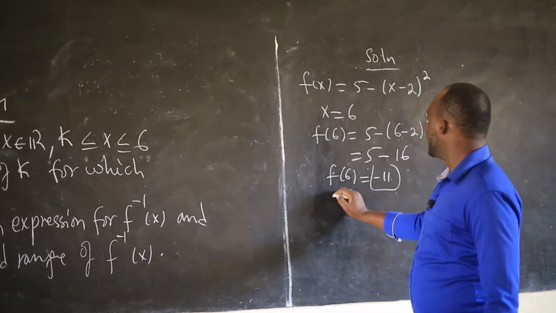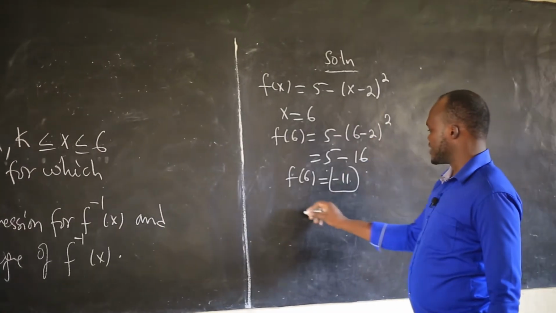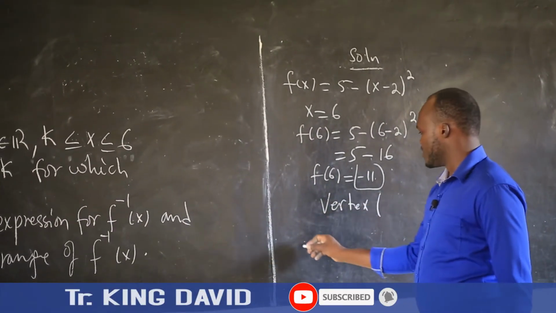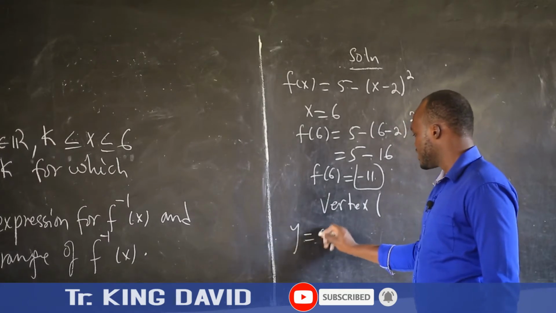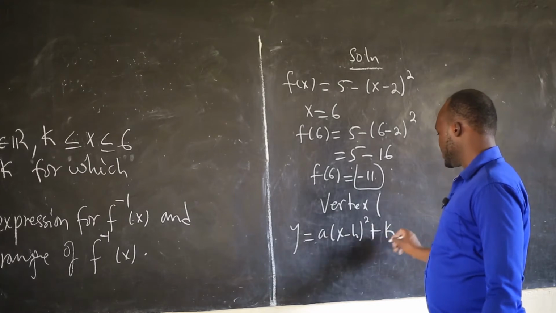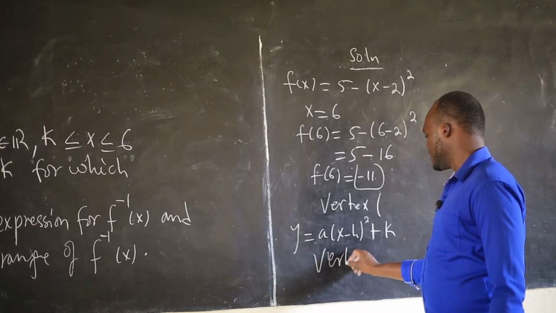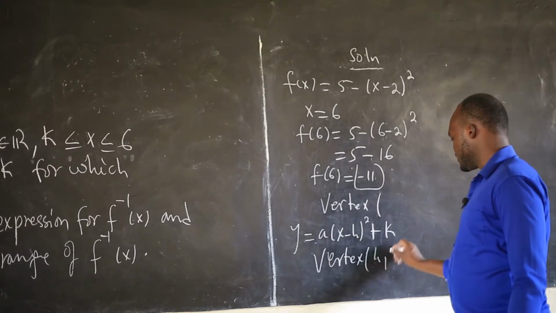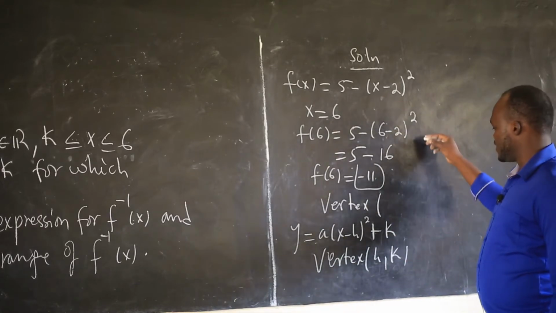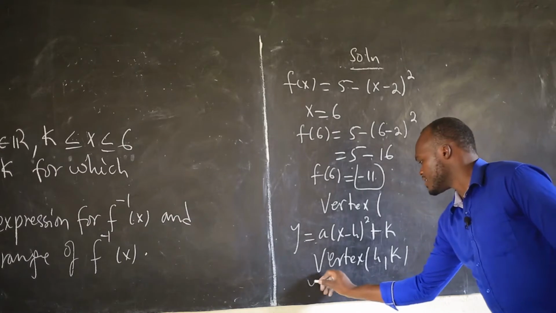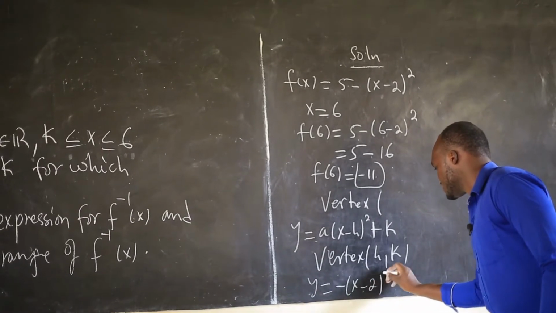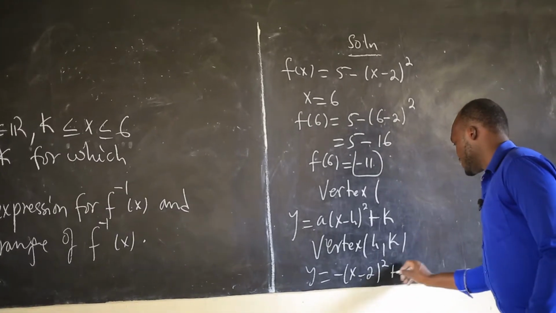So to get the domain, you see our vertex there. We know when you have y equal to a(x minus h) squared plus k, the vertex is (h, k). So our function there is the same as minus (x minus 2) squared, then plus 5.